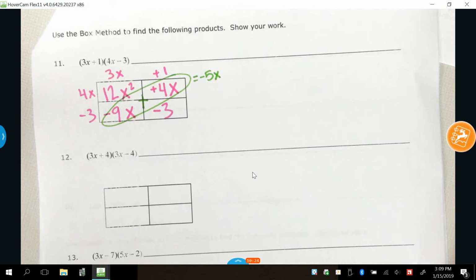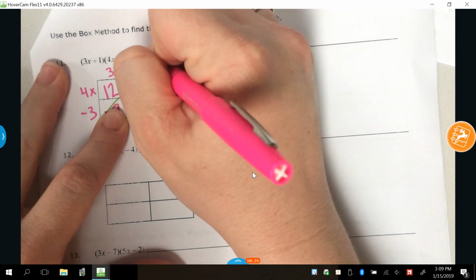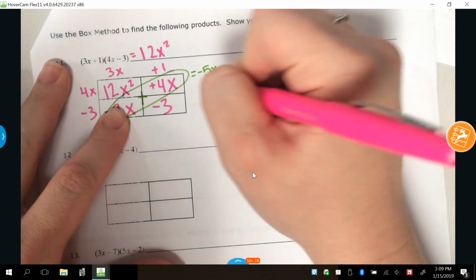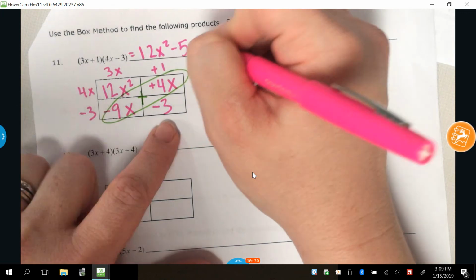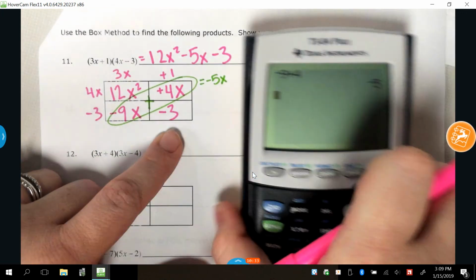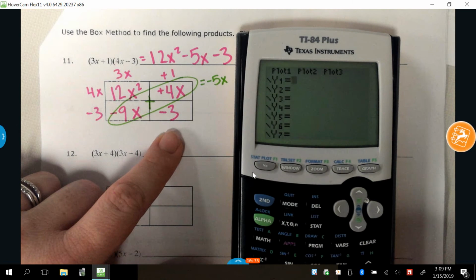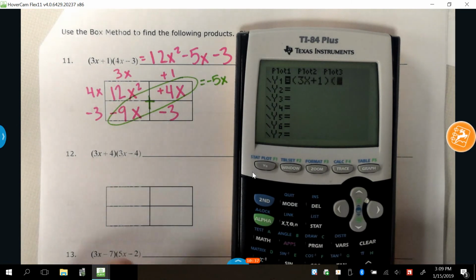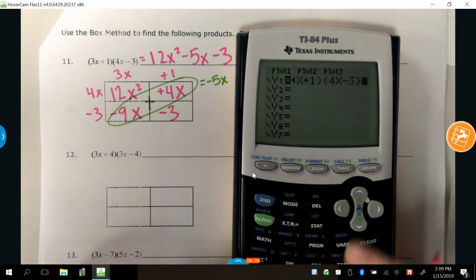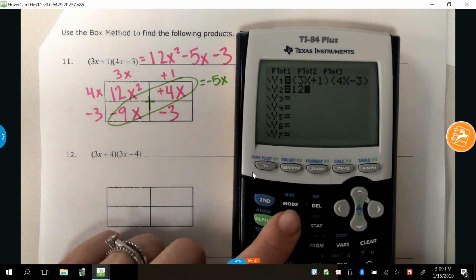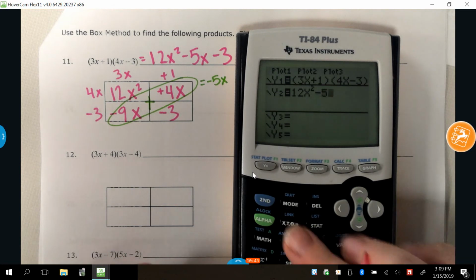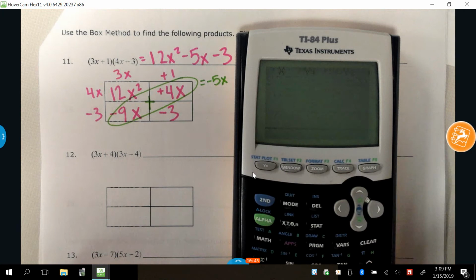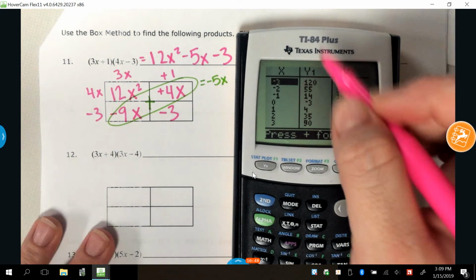And remember, my answer is the first box, 12x squared, minus 5x minus 3. You can check your answer by doing 3x plus 1, 4x minus 3, and then 12x squared minus 5x minus 3. Everything matches, so my answer is correct.